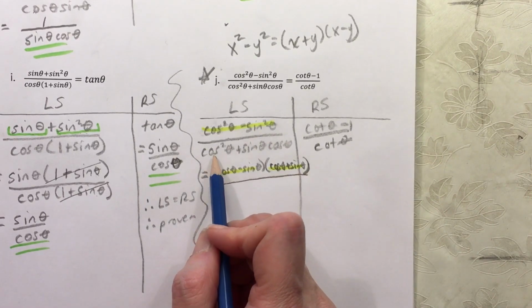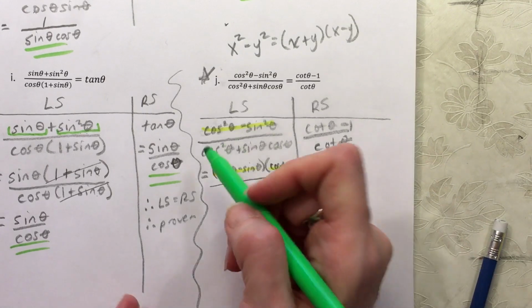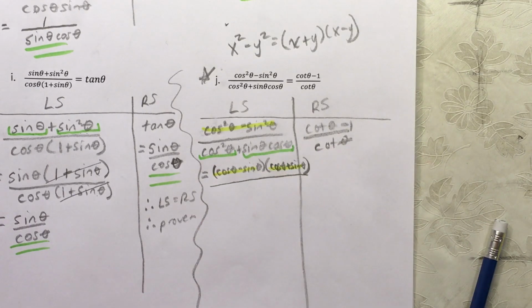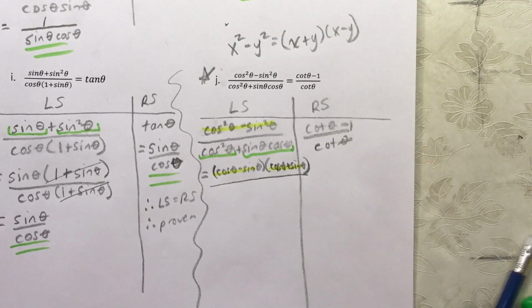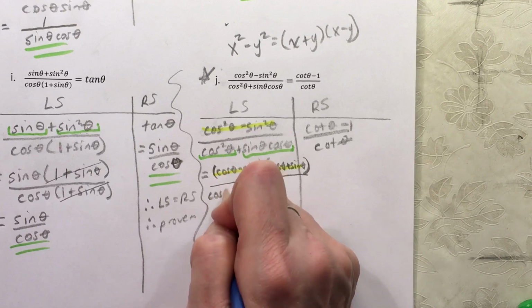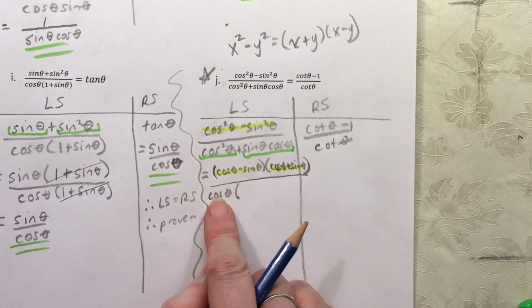Over, in the denominator, I've got my two chunks here, cos squared theta and sine theta cos theta. They have cos theta in common. So I can common factor out cos theta and divide this first.